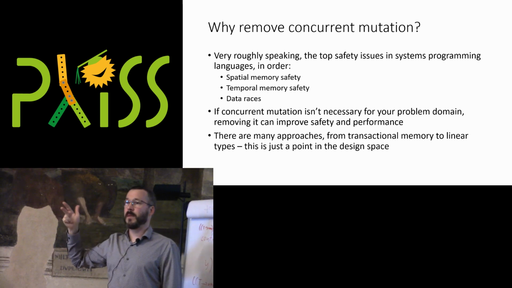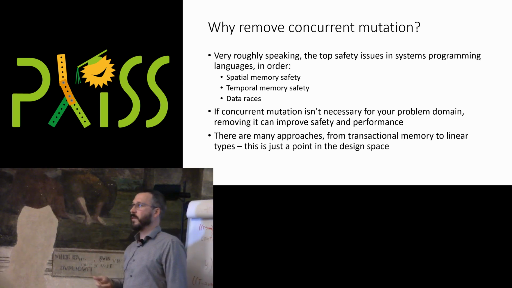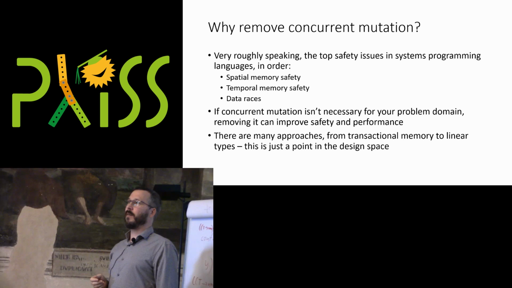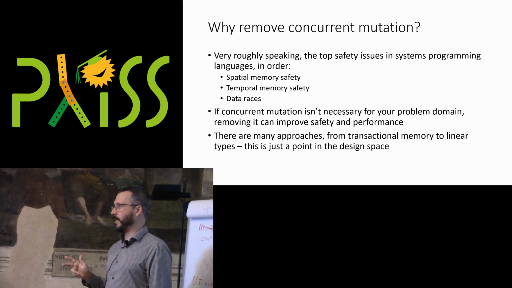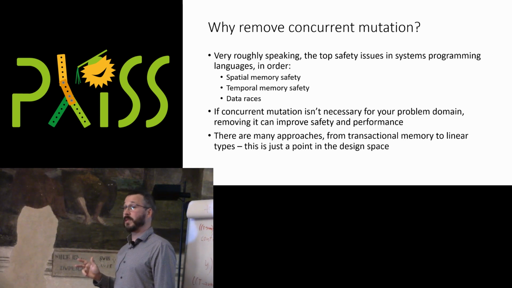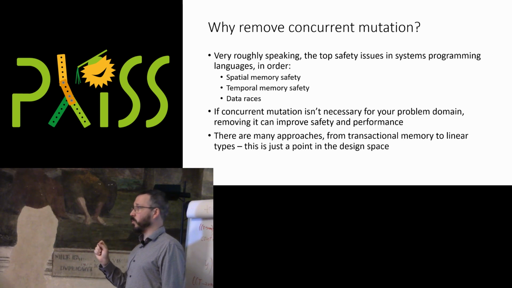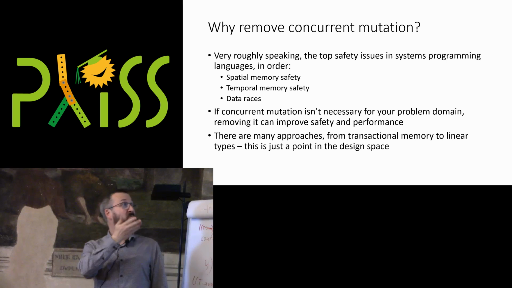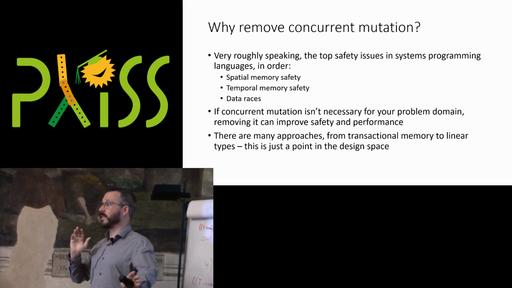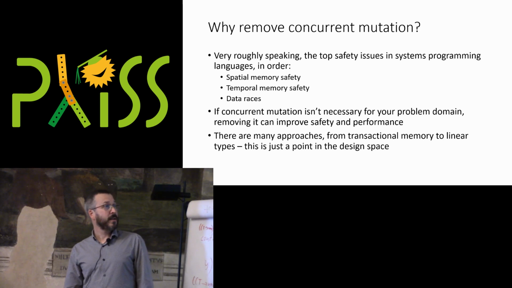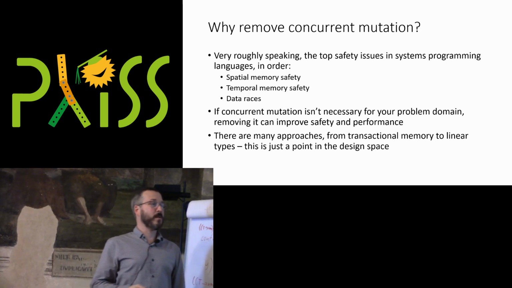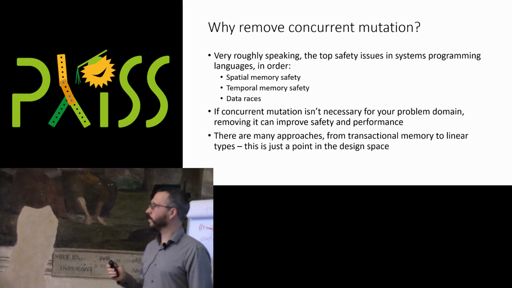And when I say the issues, I mean when you go through the folks that spend a lot of money fighting bugs, between those 3, you're running, roughly speaking, 75% of cases, but consuming more than 75% of the budget, and so we're talking about billions with a B. So it's all about the Benjamins, and this is an interesting possible reason to talk about an operational semantics with no concurrent mutation. So if it isn't necessary for your problem domain, why not take it out?